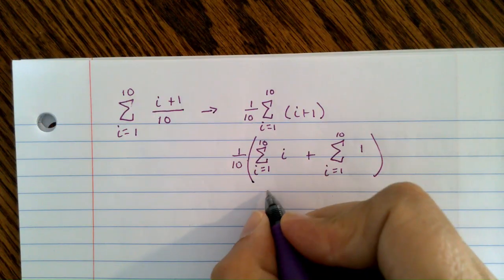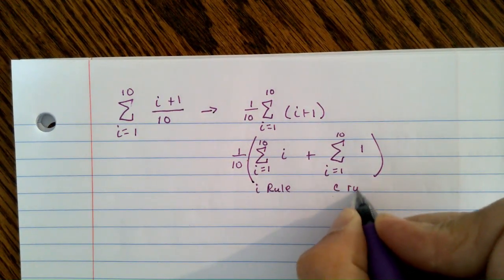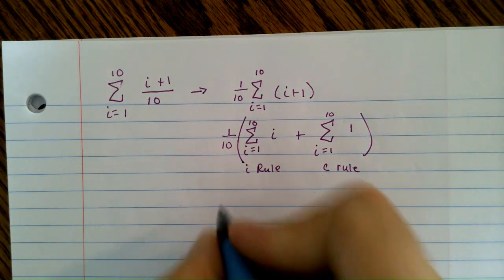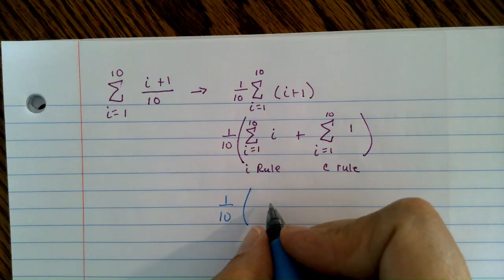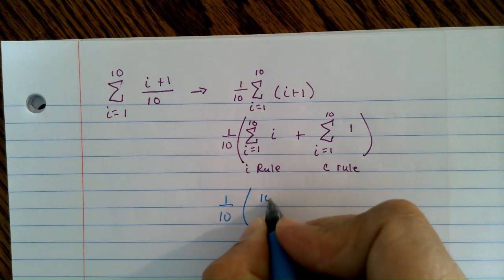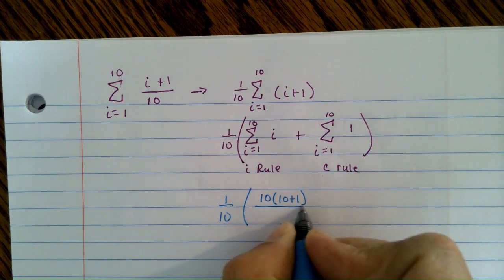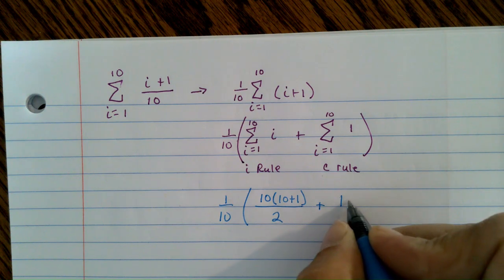So this is the i rule. This is the constant rule. Okay, they each need a rule though. So every time you do a summation, you need a rule. So we'll have 1/10 multiplied by, the i rule said n times n plus 1 divided by 2. And the constant rule said your constant times your n.